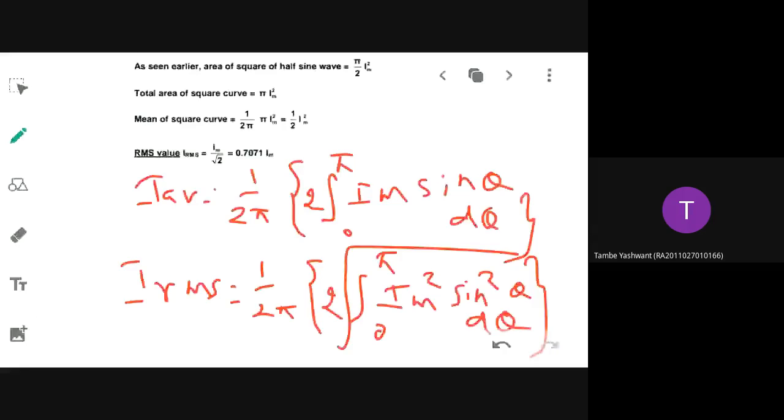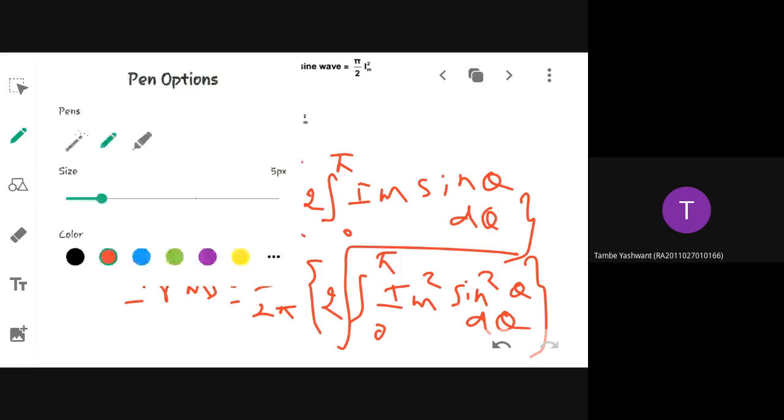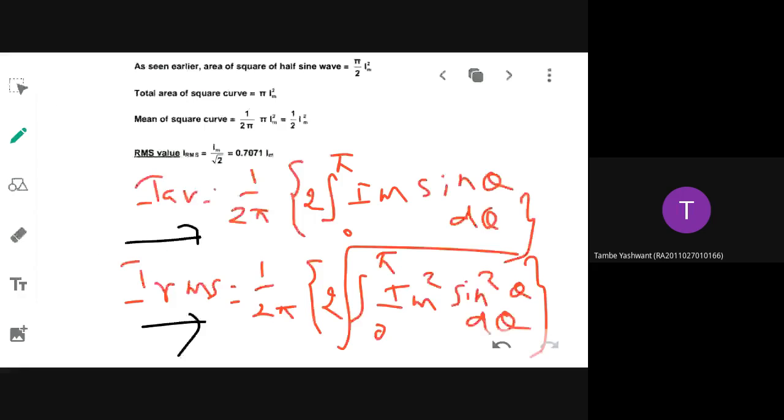I think the formula is correct only; the answer I have to check. The 4 IM by 2 pi. So what's the final answer? So this is how we have to derive I average and I RMS.